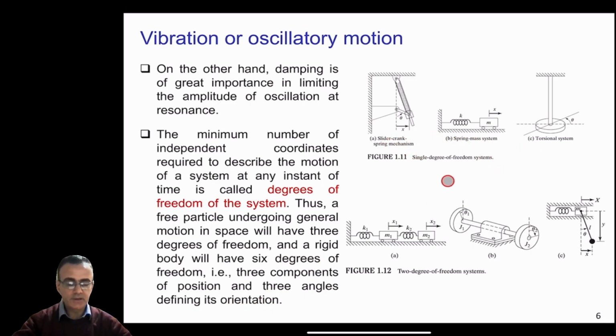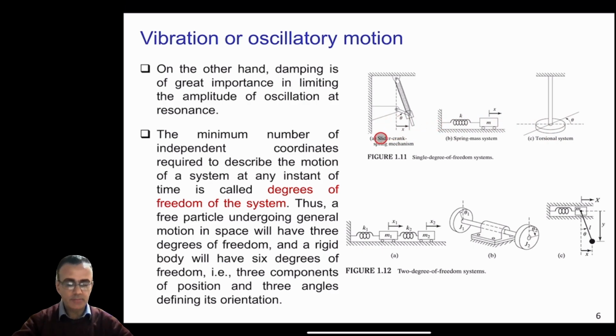In these figures, we have figure 1.11. In this, all three systems are single degree of freedom systems because for all these three, you only need one coordinate to fully describe the motion of these systems.